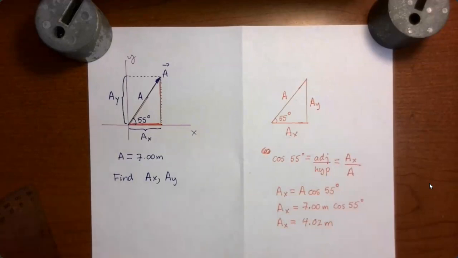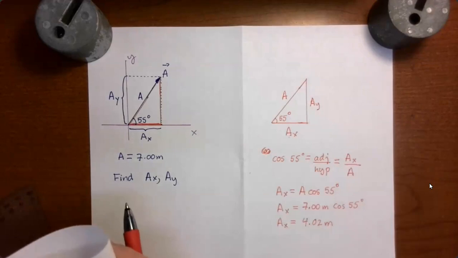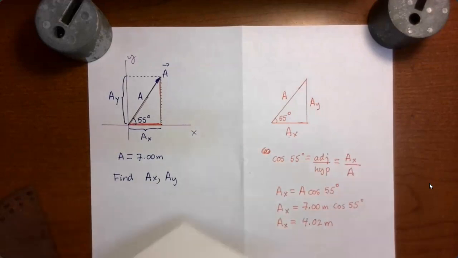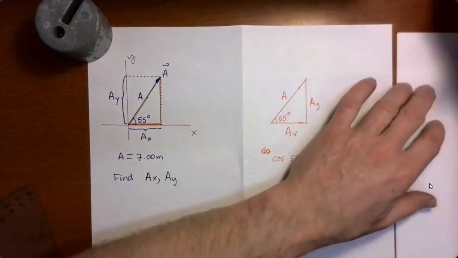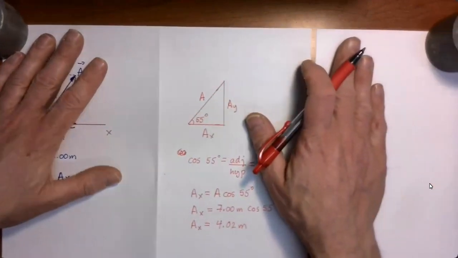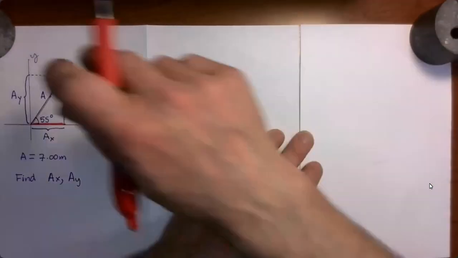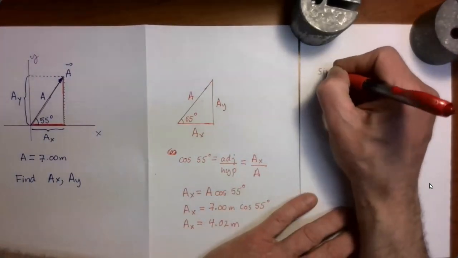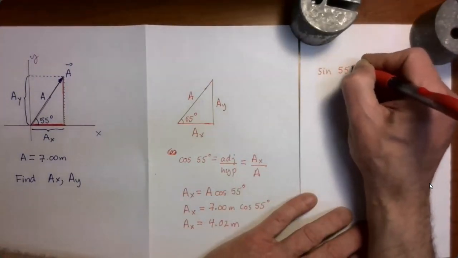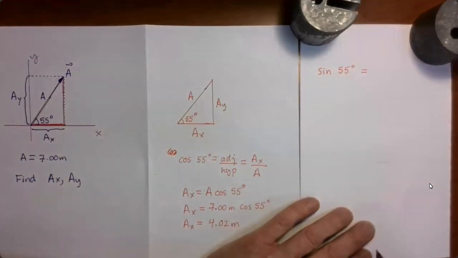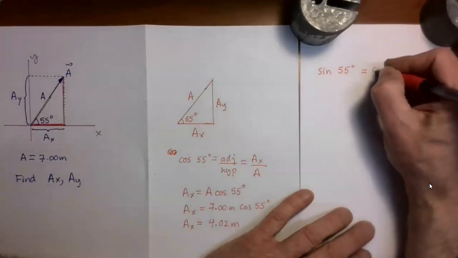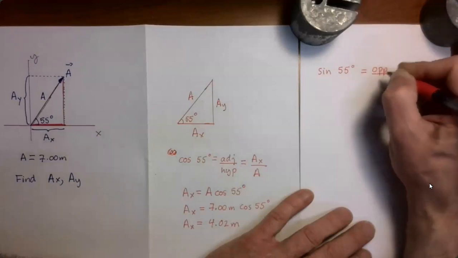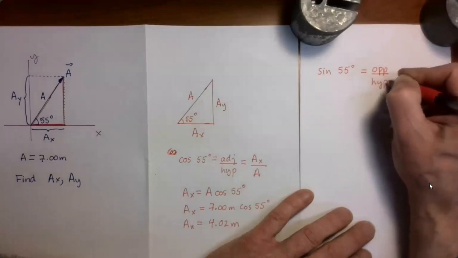Okay, and we can then get the y component in a similar fashion, except using sine instead of cosine. Okay, so sine of 55 degrees would equal the length of the opposite side divided by the length of the hypotenuse.